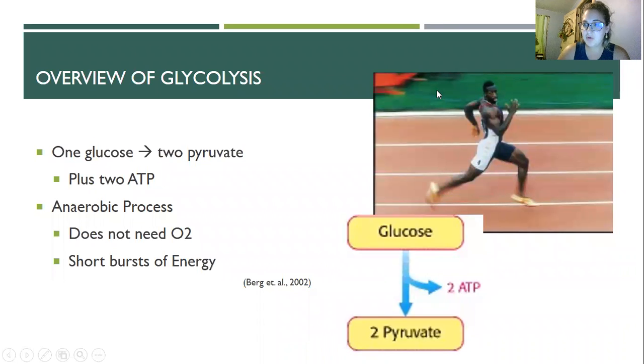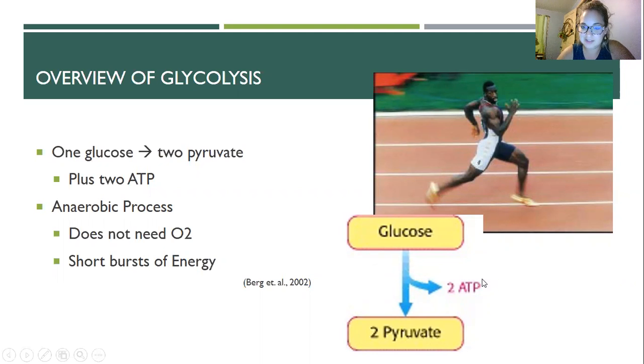All right, so a quick overview before we jump in and talk about some of these concepts: we are going to do an overview of glycolysis. Glycolysis is the process of several reactions that take place that metabolize one molecule of glucose into two molecules of pyruvate, along with two molecules of ATP.